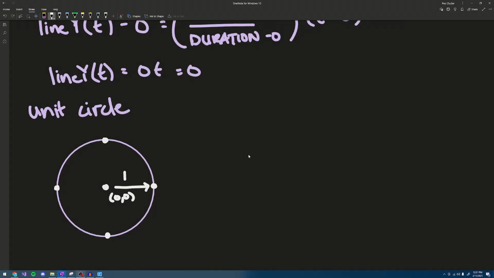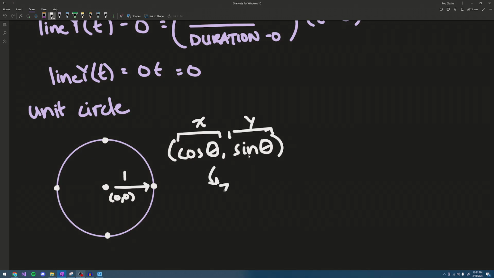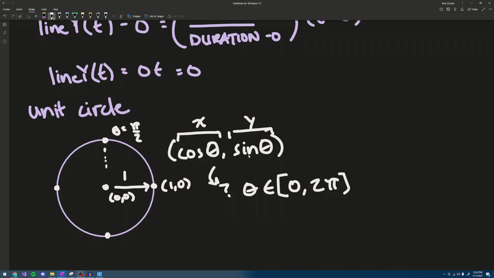Now, the unit circle equation is usually denoted as such: cosine theta, sine theta. What cosine theta is representing is our x, and sine theta is representing our y. What is theta? Well, theta is a value that is inclusive between 0 and 2 pi. If theta is 0, we actually end up at this value right here, which is 1, 0. And then if we increase theta to be half pi, we actually get this point right here.